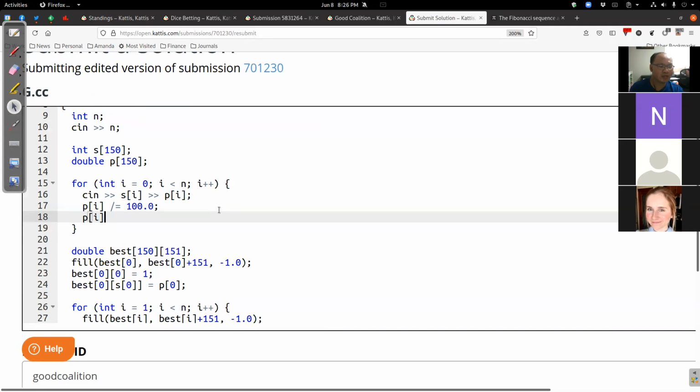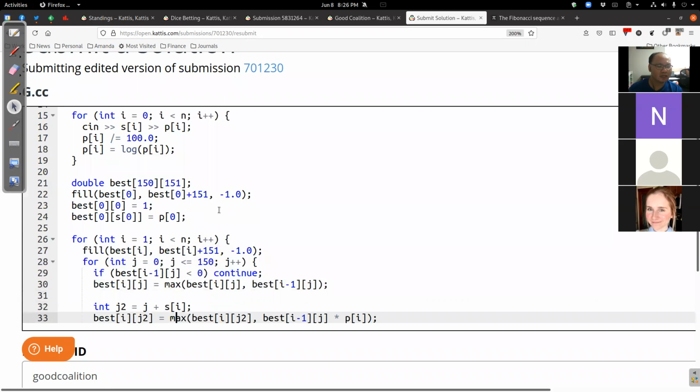I said I could make everything log, and then I would do this instead. If I use log, then this has to be 0, because log of 1 is 0. But I have to be a bit careful, because I don't want the -1, I want something much smaller. What do I want to do?